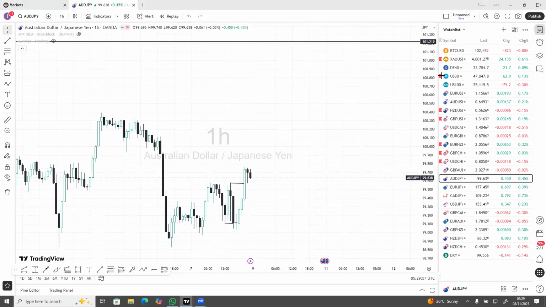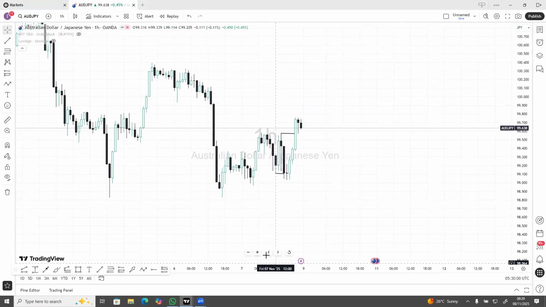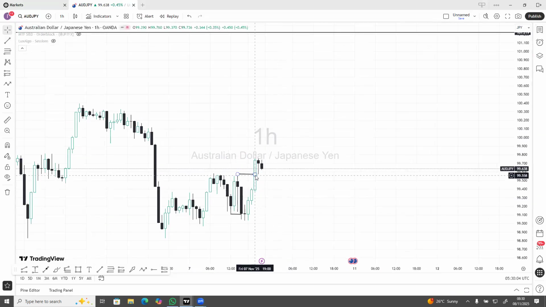When you see a break of structure, it means continuation.